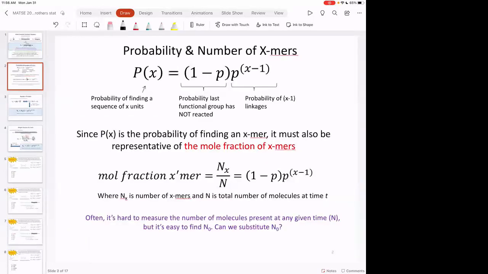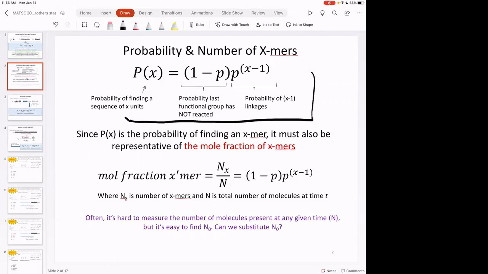And so when we had the statistical theory of Carruthers, which is a theory based on the probability of monomers in the chain, it was the probability of monomer versus the probability of having a dimer versus the probability of having a trimer as this polymerization is proceeding. And if you put those probabilities together, I'm not going to make you derive this equation, but you should know how to use this equation for sure.